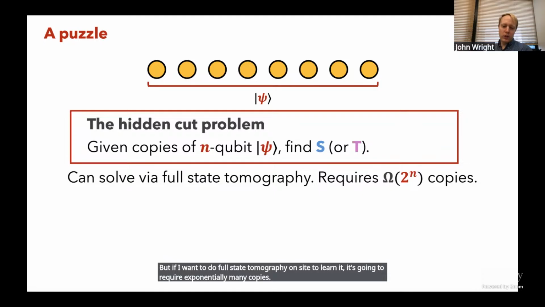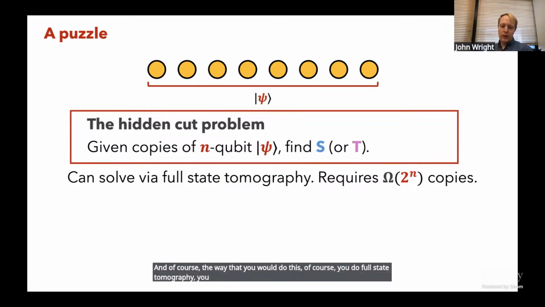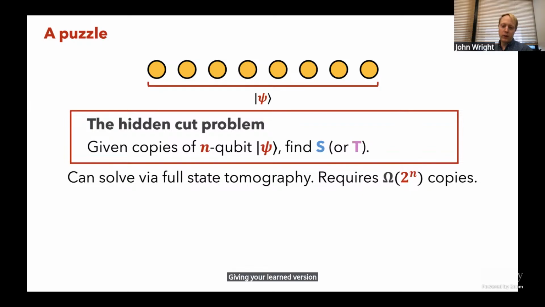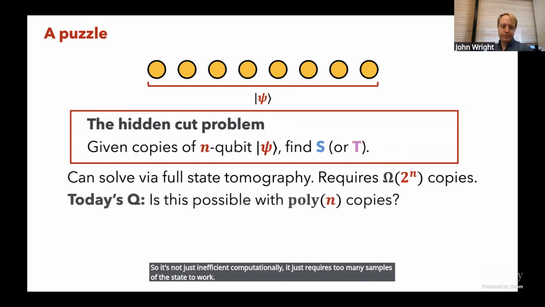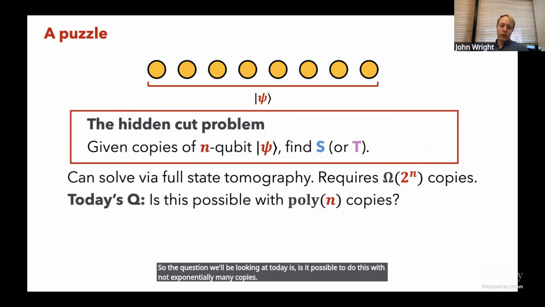And of course, the way that you would do this, you do full state tomography, you learn the entire state, and then you can just check for every S, given your learned version of psi, whether it's a product state over S. So it's not just inefficient computationally, it just requires too many samples of the state to work. So the question we'll be looking at today is, is it possible to do this with not exponentially many copies, but polynomially many copies?